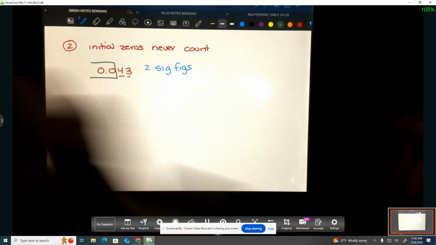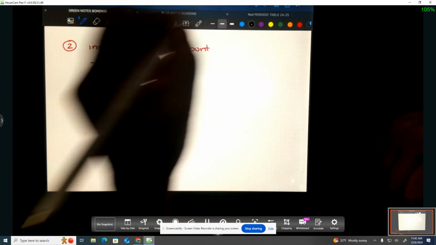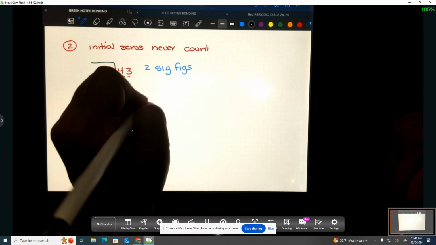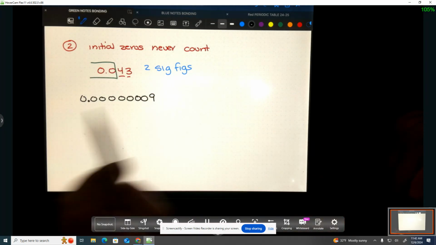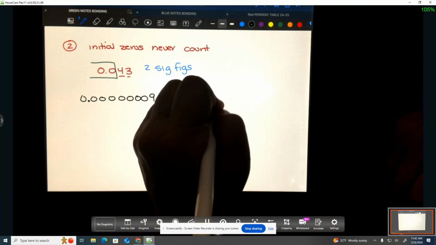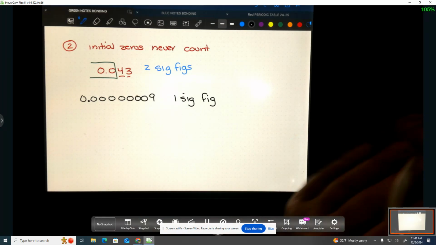They never, ever, ever count. I could have 8,000 of them. They're actually called placeholders. How many sig figs does this have? 1 sig fig. It doesn't matter how many you have. They don't count if they're to the left of non-zero numbers.